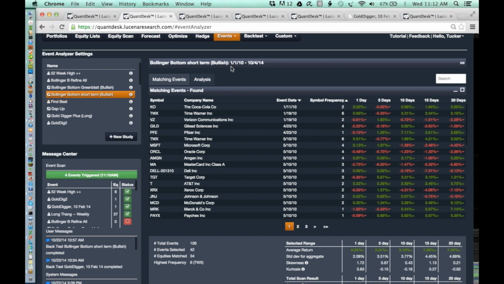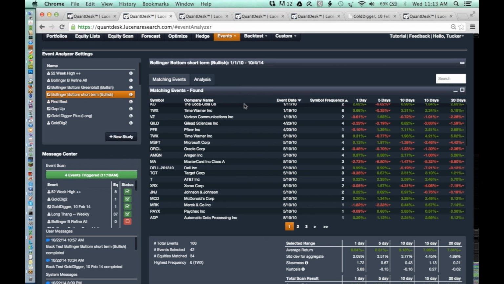So we looked for examples of this event between 2010 and 2014. And essentially what we looked at is every day we assessed those factors for every stock within our universe. And anytime all of those criteria were met, we said, boom, that's an event.